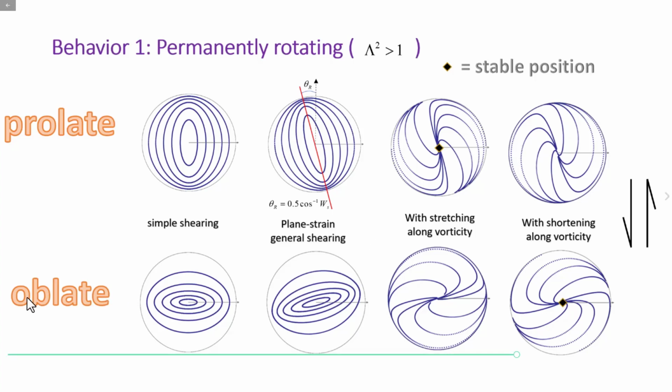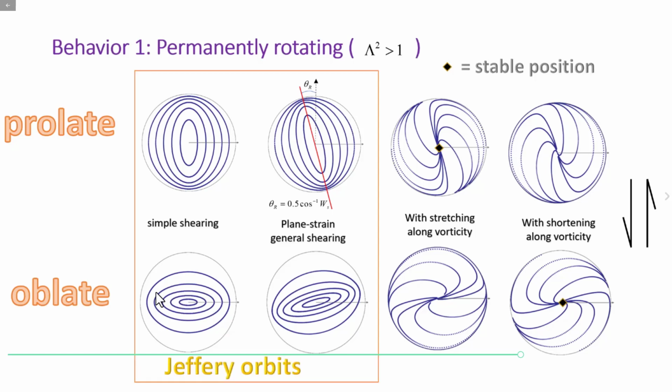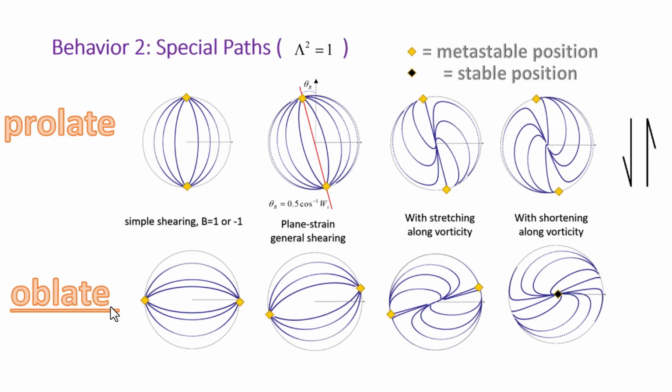In the oblate situation, the behavior is similar except that these paths are a 90-degree rotation of the prolate situation. In the literature, people call these Jeffery orbits because they are periodic and the object turns round and around.